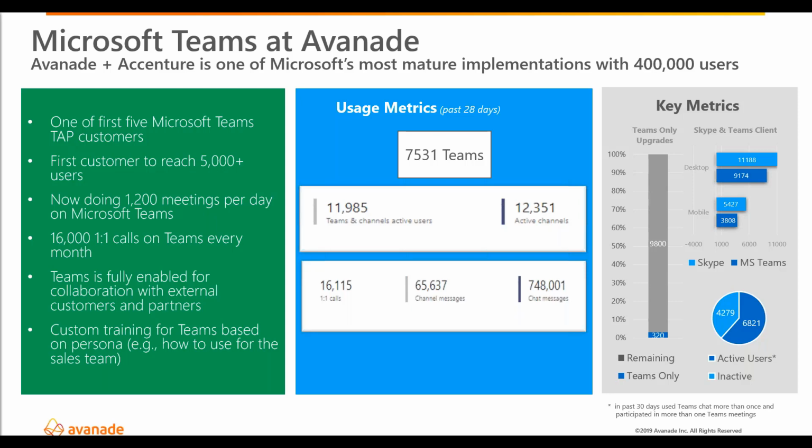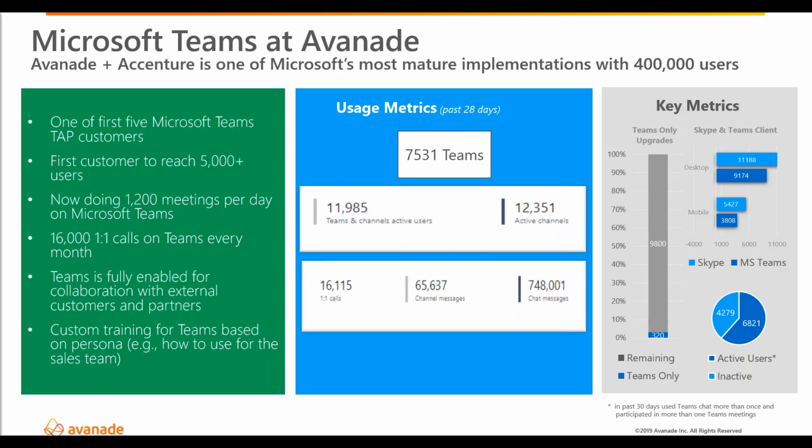And while this data is a little old, we're actually in the process of making our final cutover. I'm going to direct you to the gray box on the right-hand side for the key metrics.